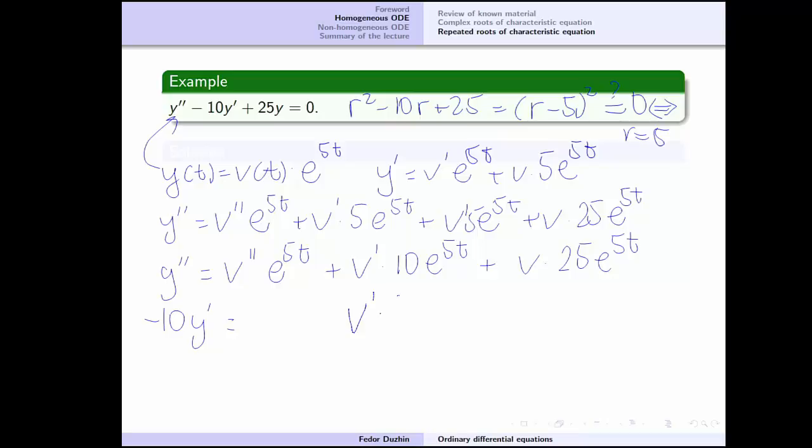v prime times minus 10 e to the 5t and plus 5 e to the 5t, so plus v times minus 50 e to the 5t.